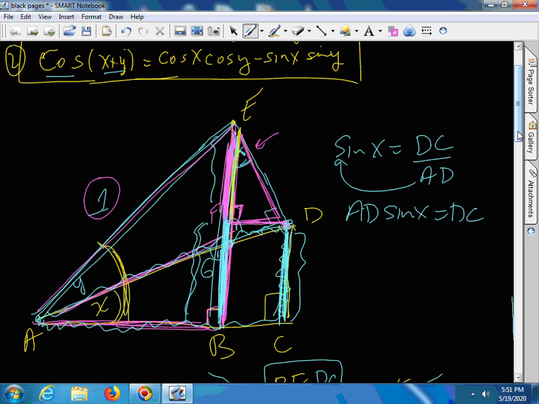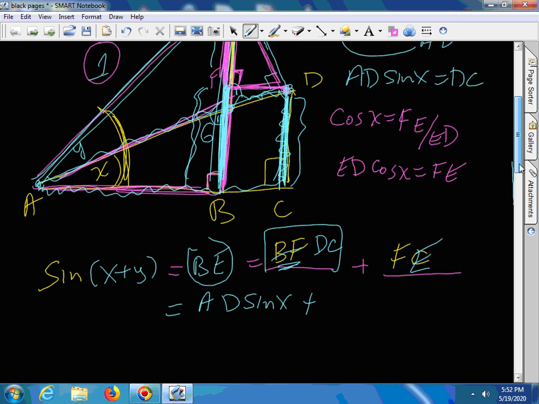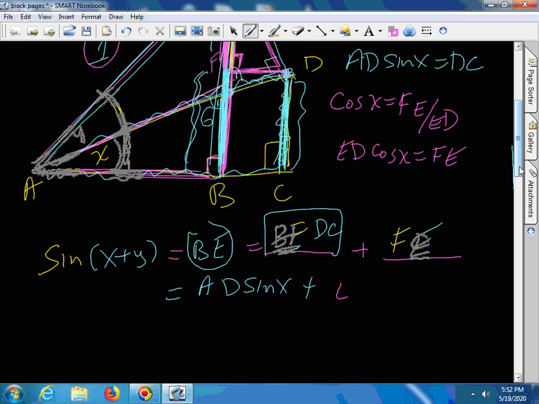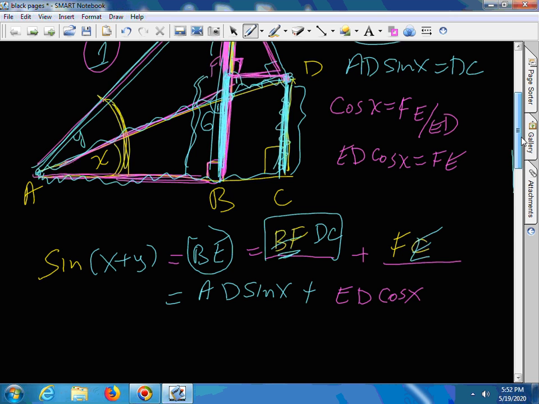And with respect to angle X, which is right there, you know that the cosine of X is adjacent FE divided by ED, the hypotenuse. That is, ED cosine of X is FE. Okay, plus ED cosine X. So we're halfway done.